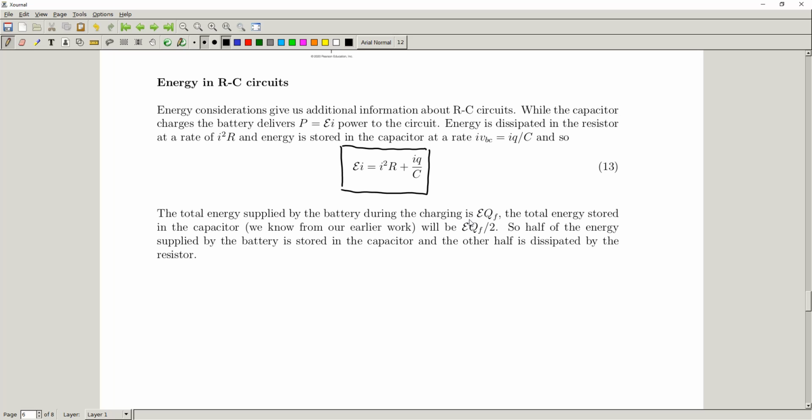So we're storing half the energy that's put out by the battery in the capacitor, and that means the other half of that energy has to be dissipated by the resistor. Okay? Those are just a couple of useful facts that we can garner by looking at energy considerations for these RC circuits.